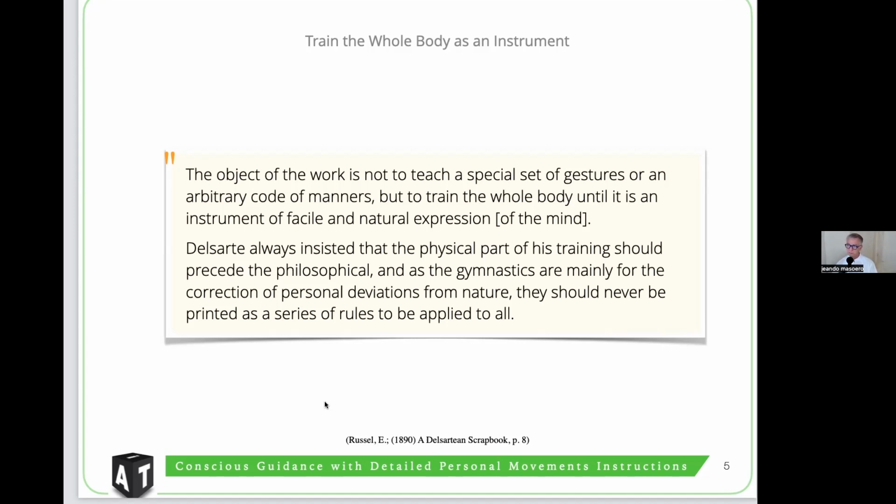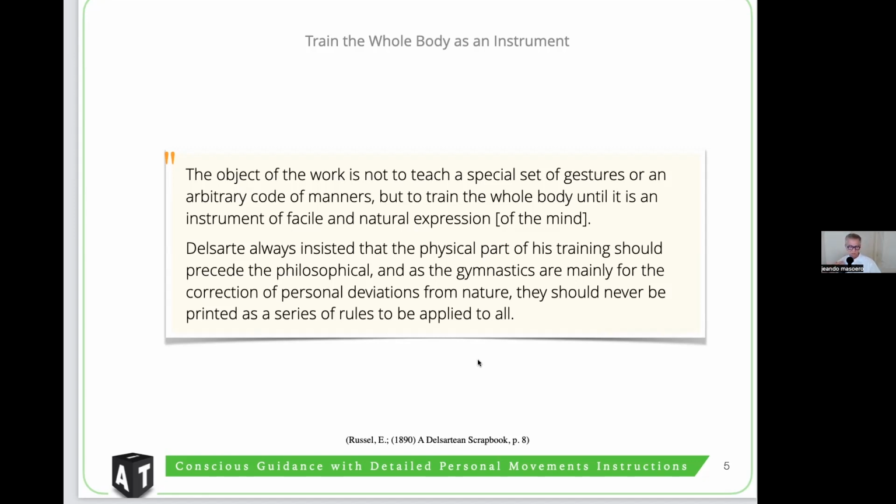There are two things of great interest in the Russell statement. We will see that Delsarte studied gestures and created a system for studying gestures. Gestures in our Alexander technique jargon are whole body movements. How do you stand? How do you go from sitting to standing or standing to sitting? How do you breathe? These are not considered special acts that can be isolated and segregated.